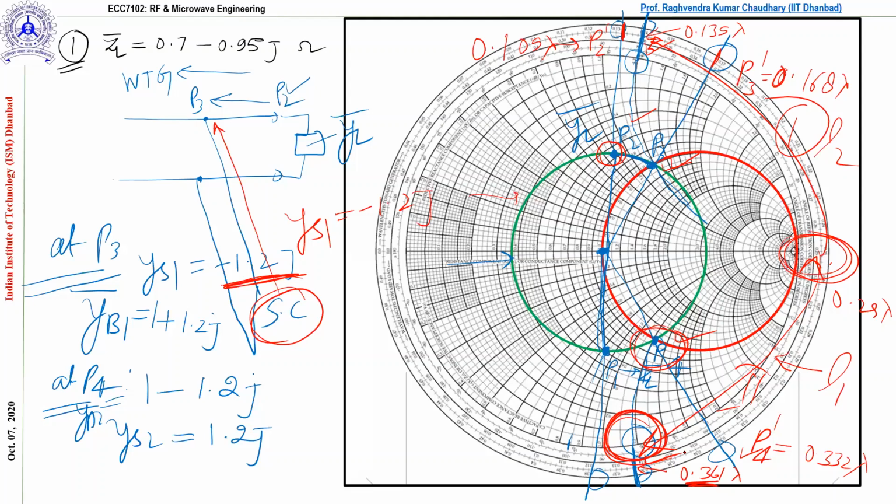In this way you find the electrical length, and you add or subtract based on the situation, and hence you will get the desired length of the stub as well as the location where you have to connect the stub, so that you get proper matching, correct?